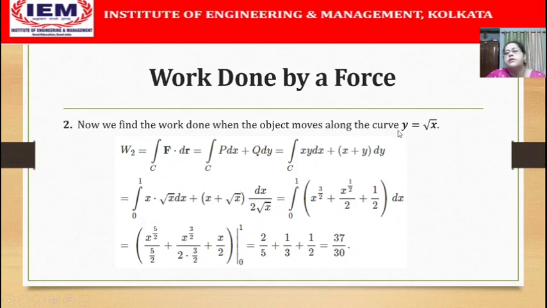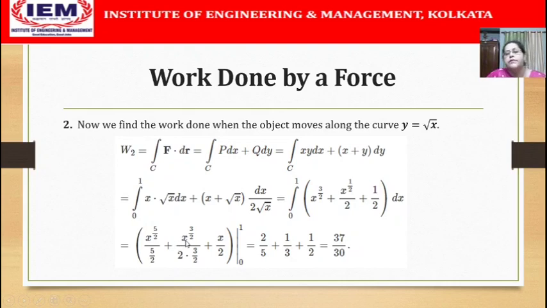And of course, if y is root x, dy will be given by dx by 2 root x. So as we simplify, this becomes x to the power 3 by 2 plus x to the power half by 2 plus just half, dx. We integrate. So this first term gives us x to the power 5 by 2 by 5 by 2.